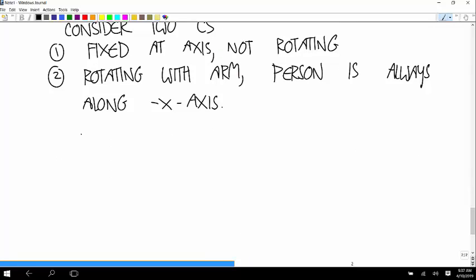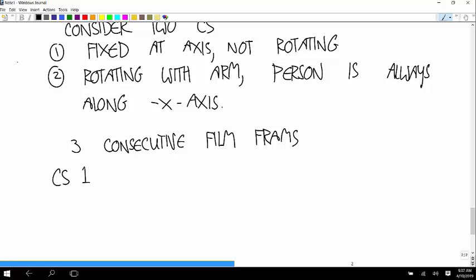Okay, so what are the frames of like a film strip or whatever? Frame, are they called frames? Okay, so three consecutive film frames. So for coordinate system 1, I'm going to do first.